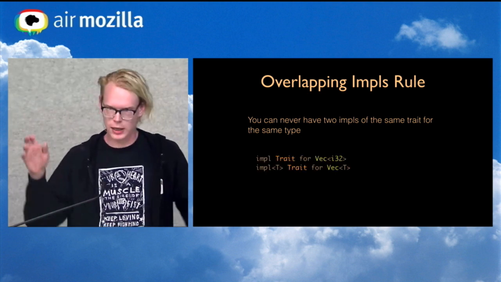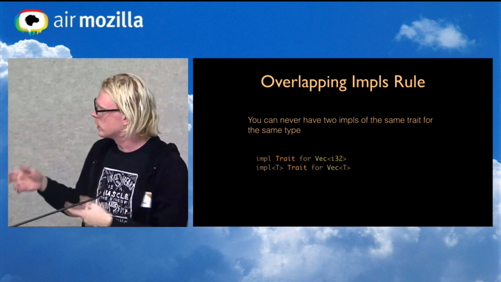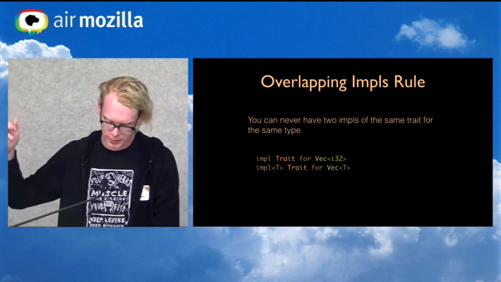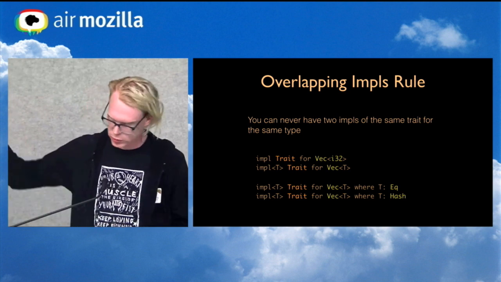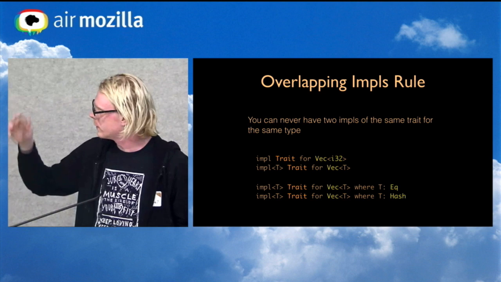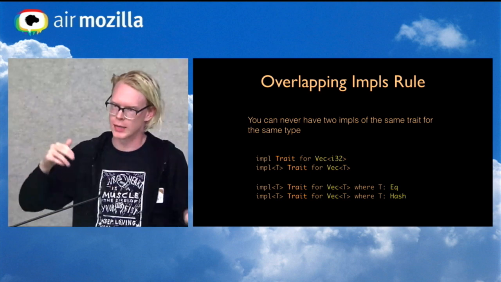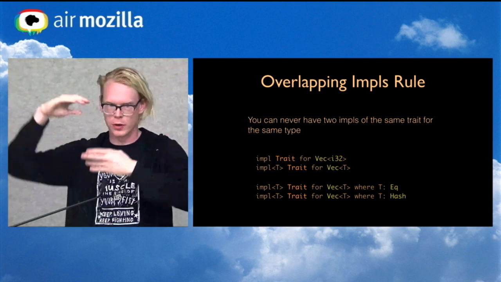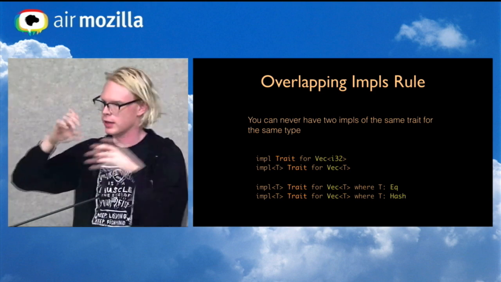And this applies not only to directly the same, but to things like this where a Vec of I32 is a Vec of T, so these two overlap. Or these two, where one's for Vec of T that implement Eq and one for Vec of T2 that implement Hash. And so what about a type that implements both Hash and Eq? Then that would be overlapping, right? They're not completely overlapping, but they're like a Venn diagram.